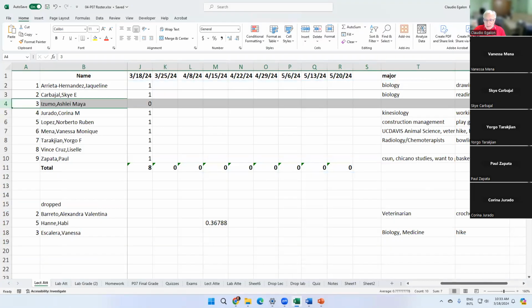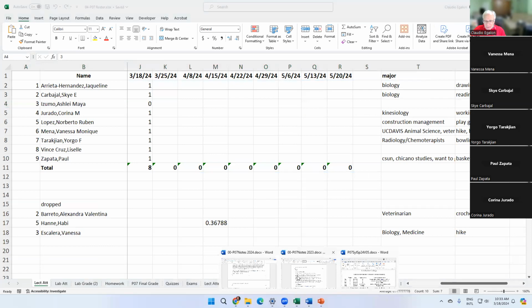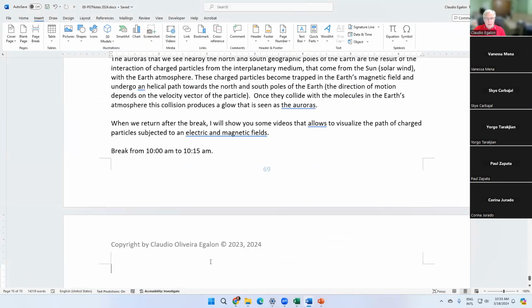And let me, I'm going to talk about one way. One way to visualize a beam of electrons is by using what we call the Crookes tube.